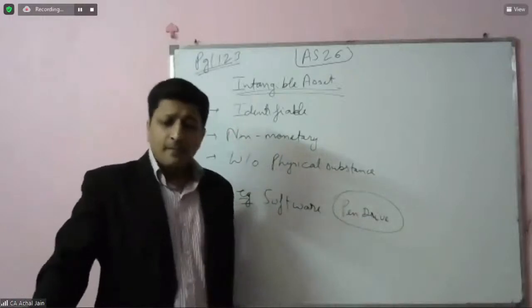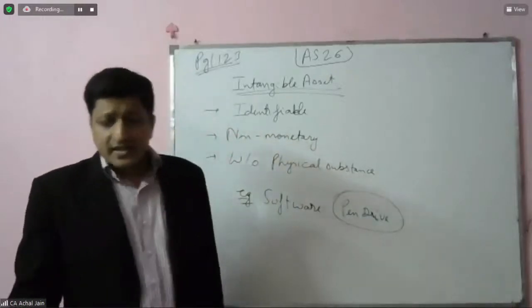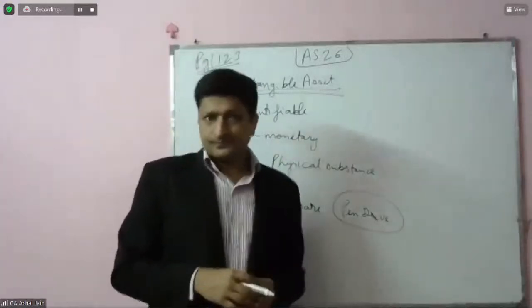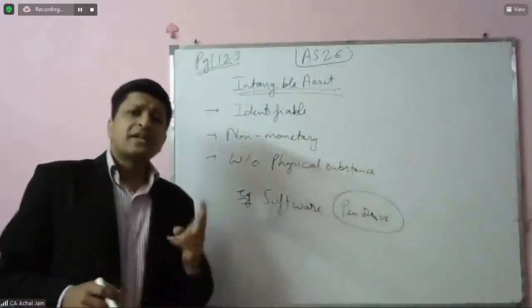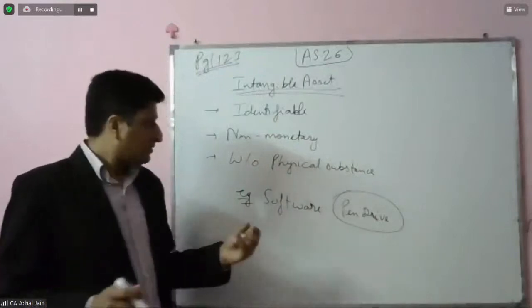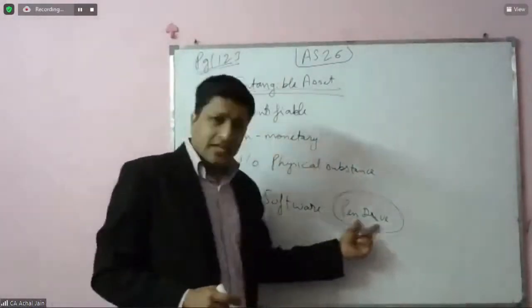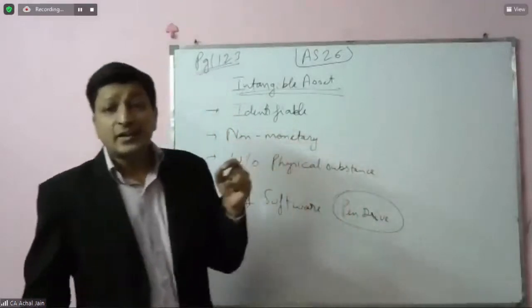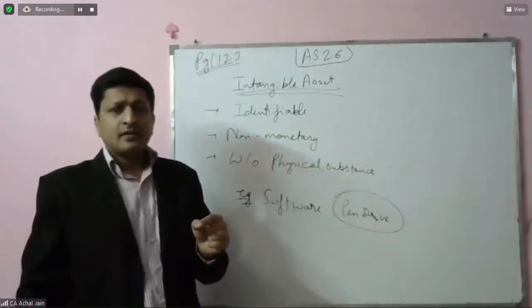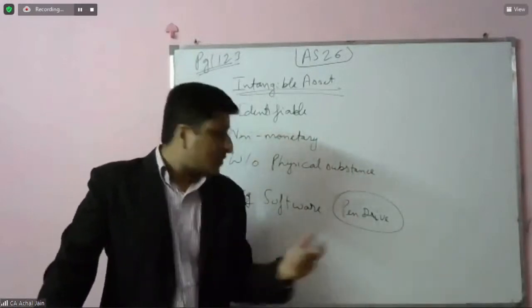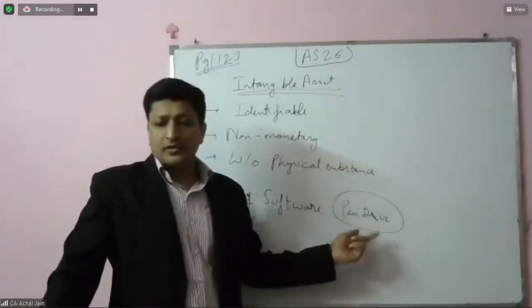Here again, the standard says that whenever we look at any item which comprises two components, one which is intangible and second which is tangible, we need to understand what is the value which is attached to the tangible component.